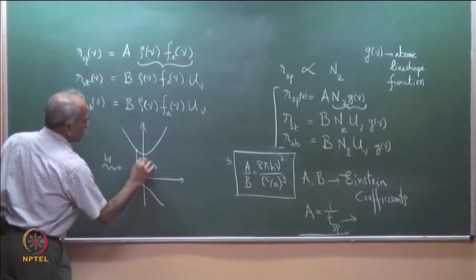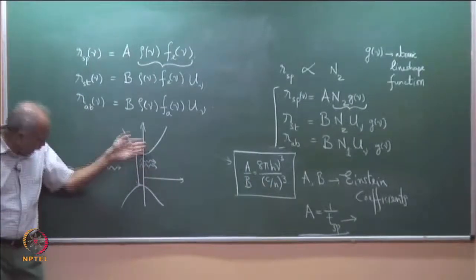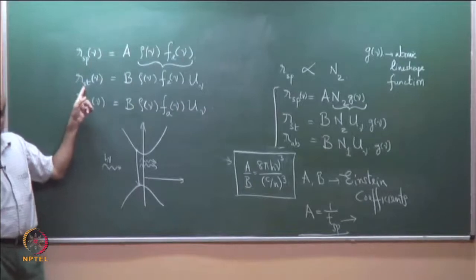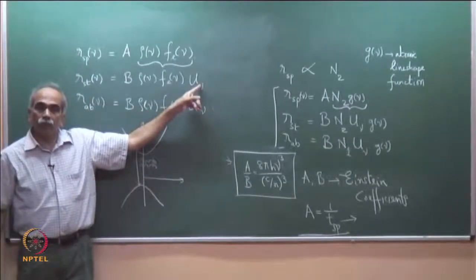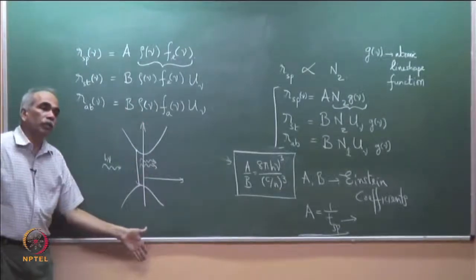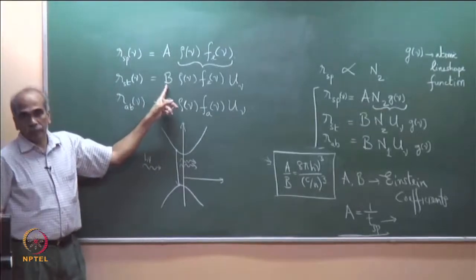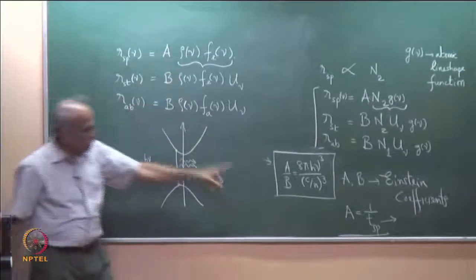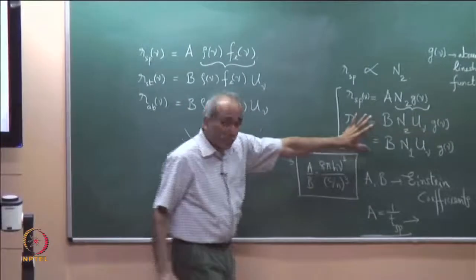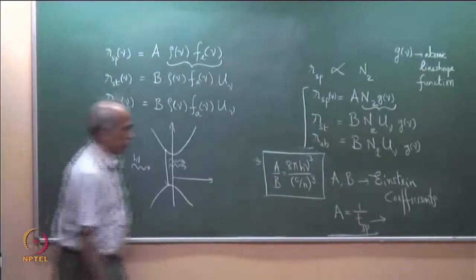If there are more photons coming here, they can induce more downward transitions. That is why the stimulated emission rate is proportional to U of nu. The larger the number of photons incident here, the larger the possibility of stimulated emission, and the coefficient here is B. These are the Einstein coefficients. They are the same as in the atomic case, not in magnitude, but in nature, and the relation is the same in semiconductors.